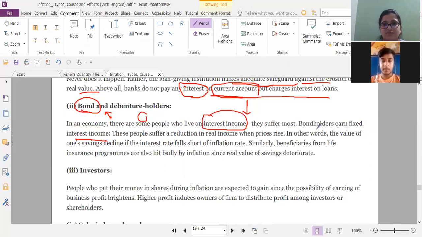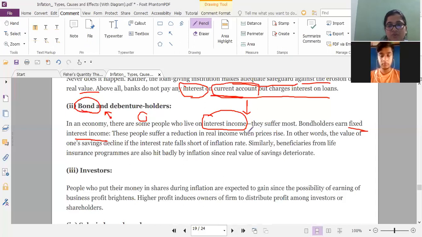Otherwise, if it is fixed, it's not a problem, right? These people suffer a reduction in real income when prices rise. In other words, the value of one's savings declines if the interest rate falls short of the inflation rate. Similarly, beneficiaries from life insurance programs are also hit badly by inflation since the real value of savings deteriorates.